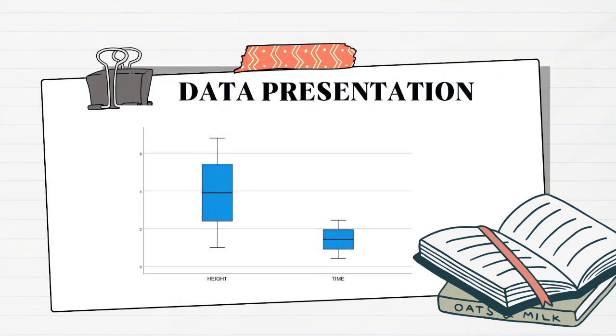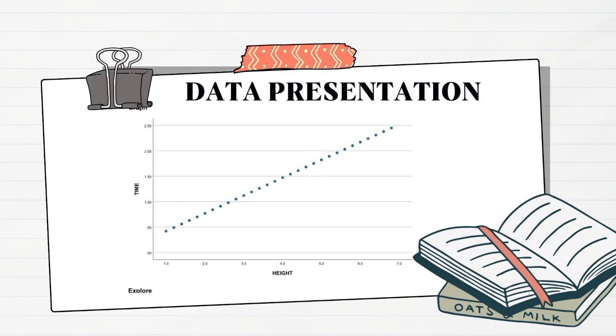Now, let's move on into descriptive statistic analysis. First of all, from this box and whisker plot graph, as we can see, both of them are skewed to the right. And lastly, from the graph, we can see that the relationship between height and time is linear, which is the higher the height for the ball to fall, the longer the time taken for the ball to reach the ground.